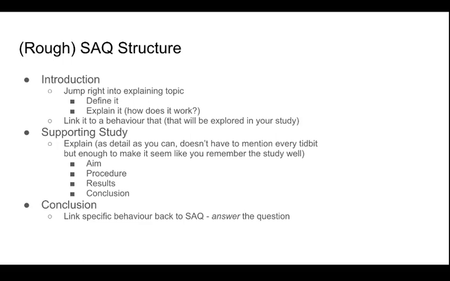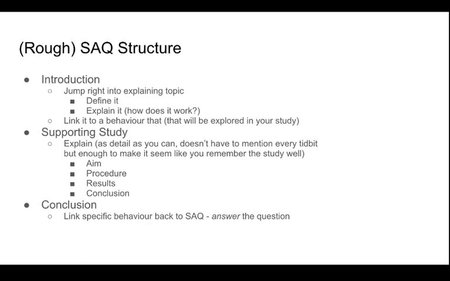And next up, we have supporting studies, which is a study about the topic that investigates a certain behavior. For an SAQ, it's important for you to explain the study in as much detail as possible, but not to perfect precision.